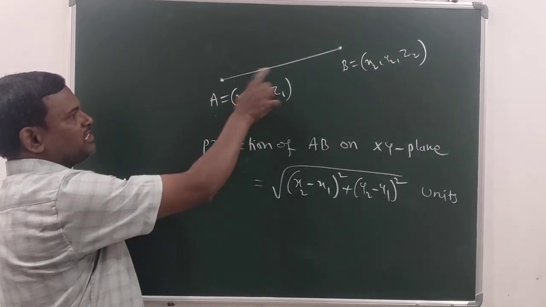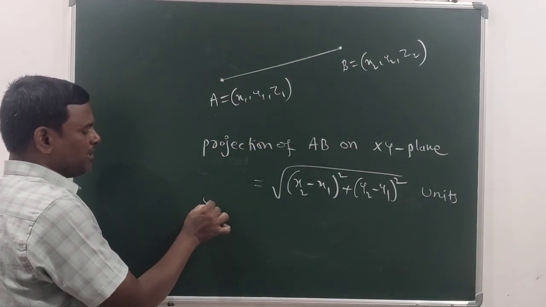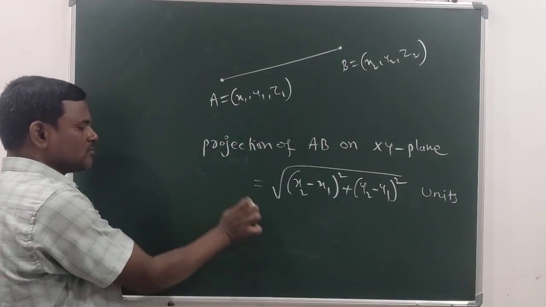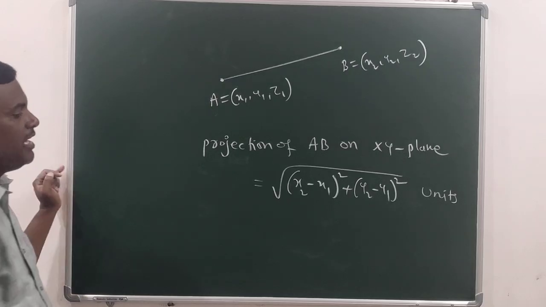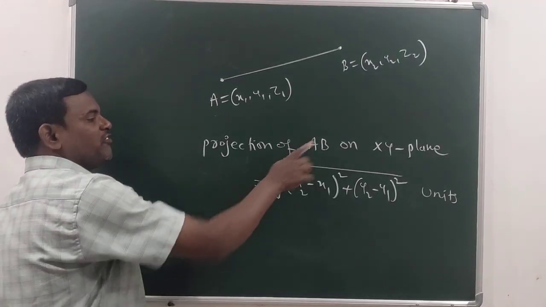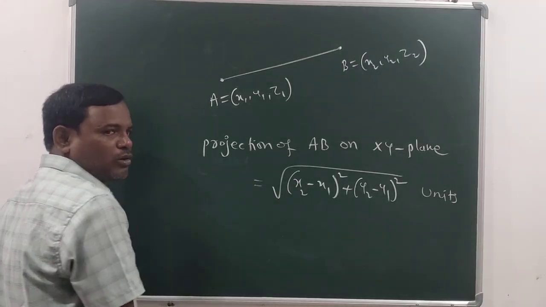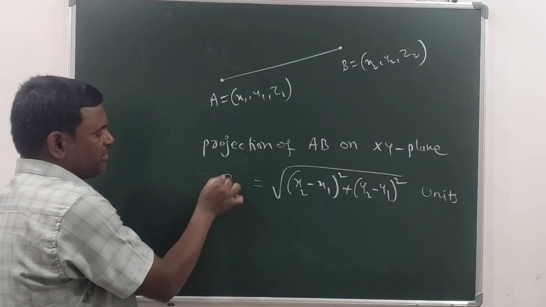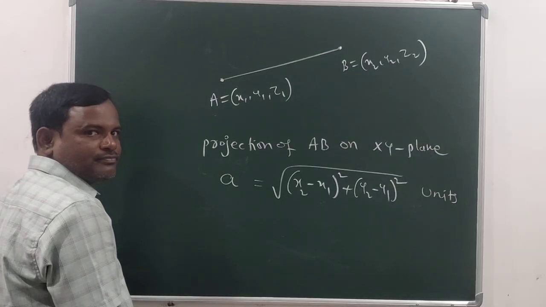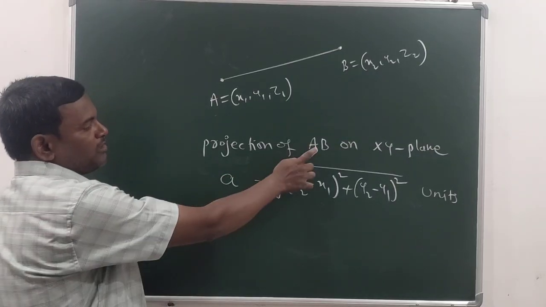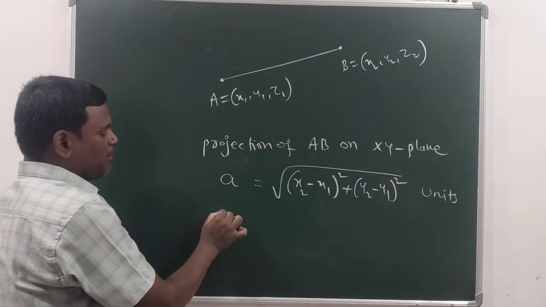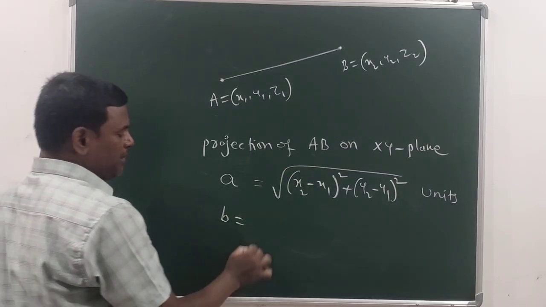Now the projection of this AB on yz plane. Let us take this projection of AB on xy plane, this much you got. Let us name this one with a small a. So now find the projection of AB on yz plane. Let it be b.